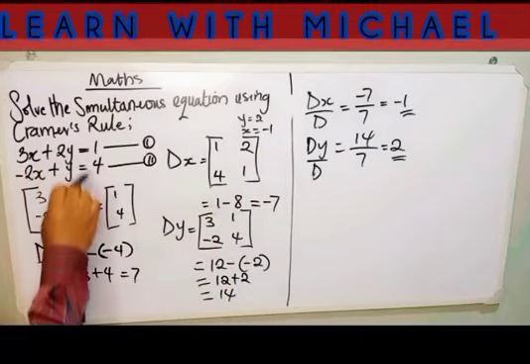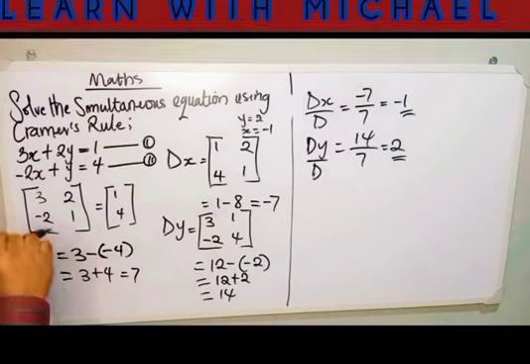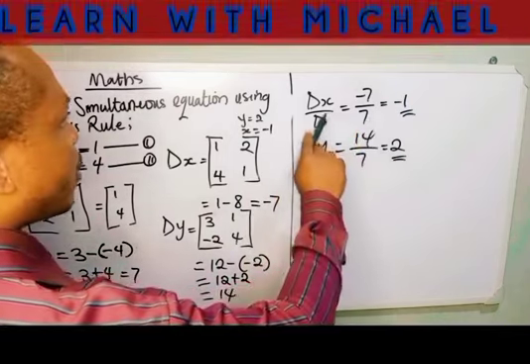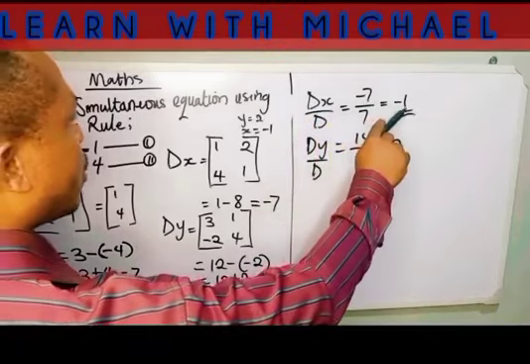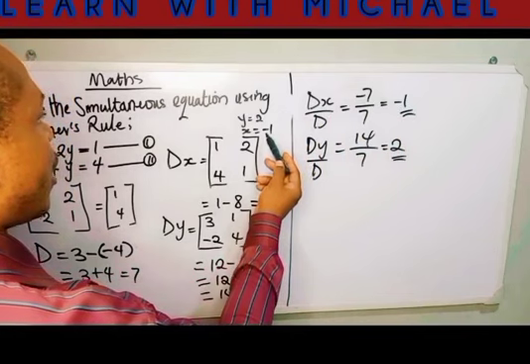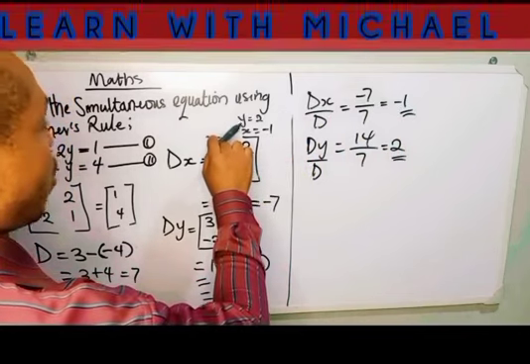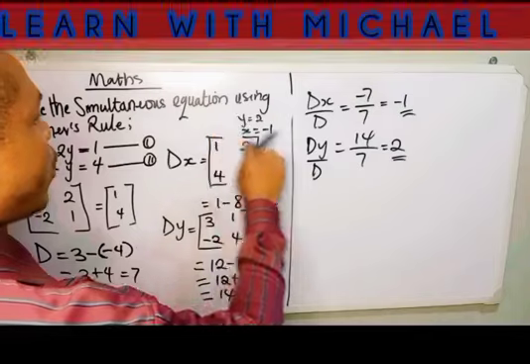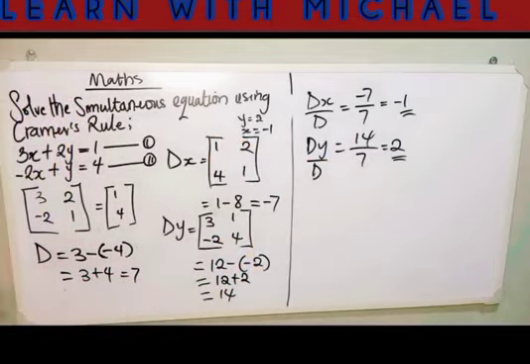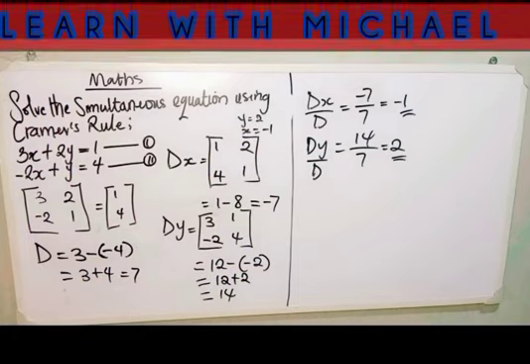And using Cramer's rule as well, we also solved this same equation and we had the value of x to be minus 1, just like what we have here. And then also similarly, we are also having the value of y to be what? 2. Therefore, this is one of the methods you can use to solve your simultaneous equation.